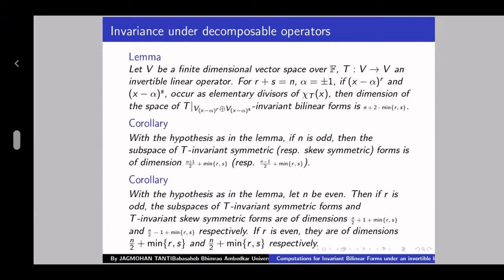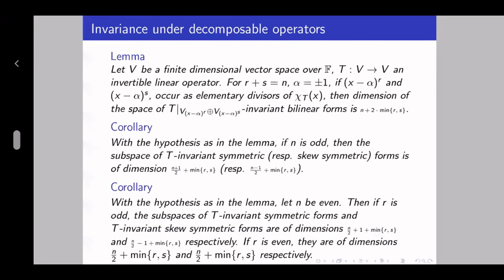If the roots are the same, (x minus alpha) to the power r and (x minus alpha) to the power s occur as elementary divisors of the characteristic polynomial, then the dimension of the space of T-invariant bilinear forms is n plus 2 times minimum of r and s.